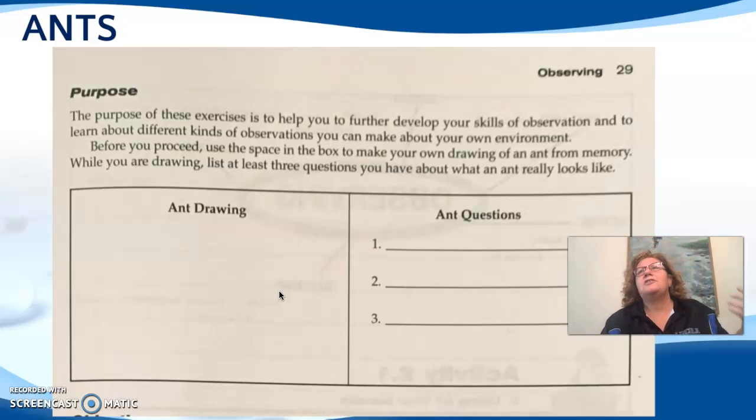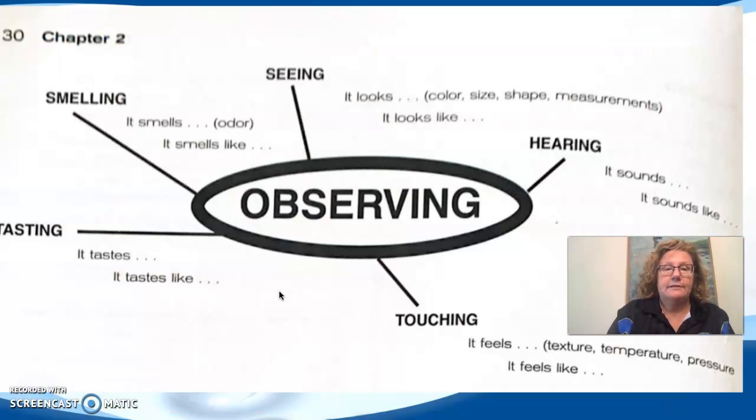I wonder how much an ant weighs. I wonder what colors they come in. Those are my ant questions. You can make any questions you'd like about an ant. So that will help you to start thinking about how to determine observations in the world. So that's going to be your first activity.